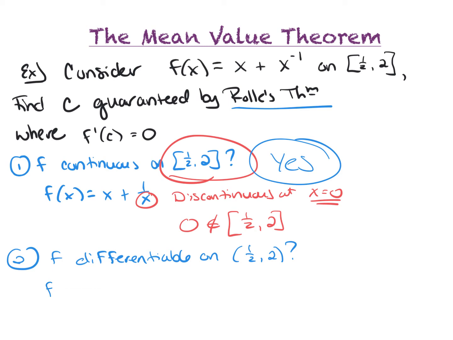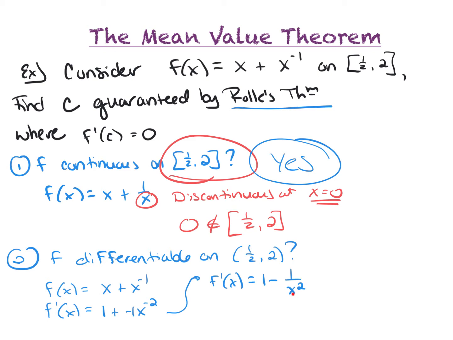And since f of x is equal to x plus x to the negative 1, its derivative is given by 1 plus, let's see, negative 1 x to the negative 2, which I can simplify. f prime of x is equal to 1 minus 1 over x squared.